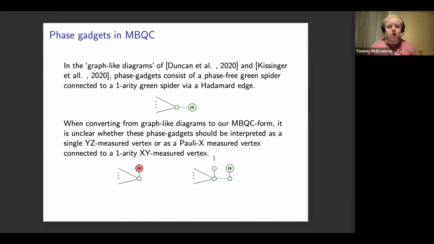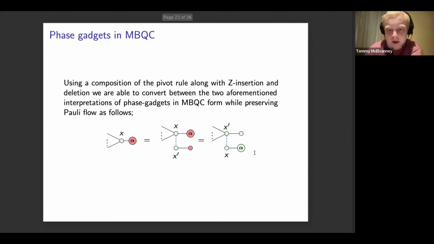It's somewhat unclear which of these two interpretations of a phase gadget is correct, or which we should use when dealing with MBQC form diagrams. We've actually proved that either of them works, and they're completely interchangeable.